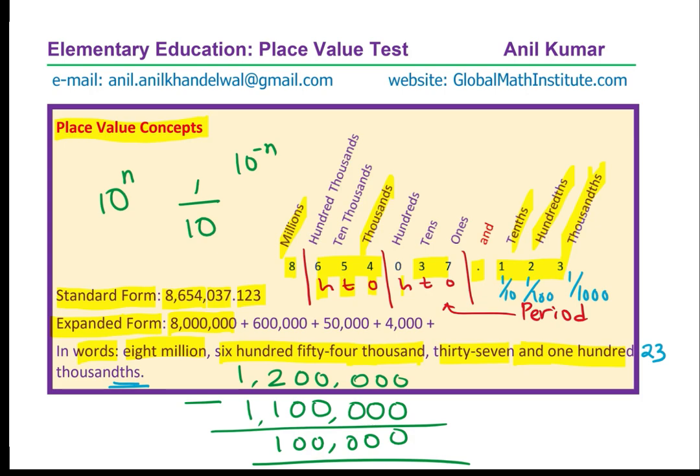You divide by 10. And you can also see how do we read the numbers. To read the numbers, we have to look at the periods, sets of 3 as mentioned here. Otherwise, you could make a mistake. So I hope these points will help you understand the topic, which is place value.